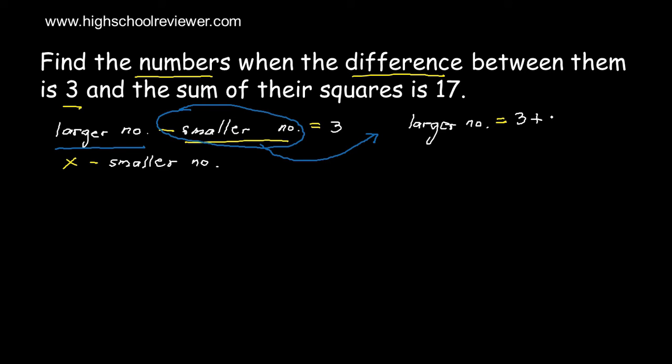So this will be 3 plus the smaller number, which is x. So 3 plus x will be the larger number.